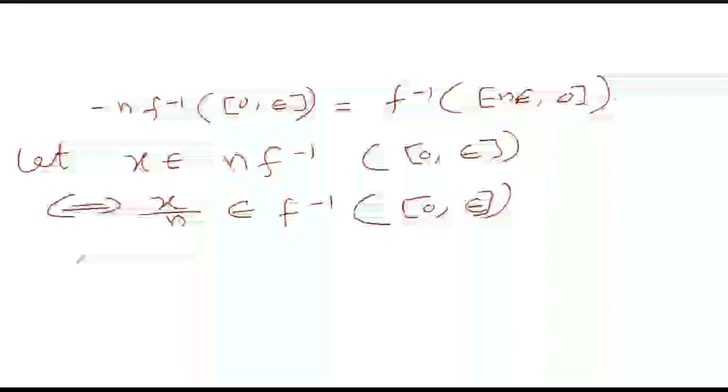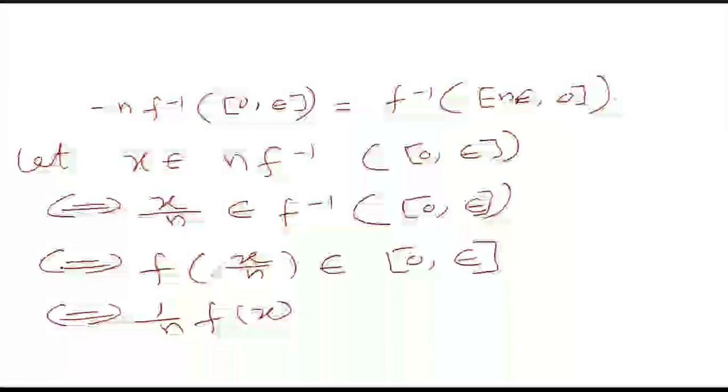And this is true if and only if f of x by n belongs to 0 to epsilon. And because f is an additive function, it means 1 by n of this, which is already explained in one of our earlier lectures.